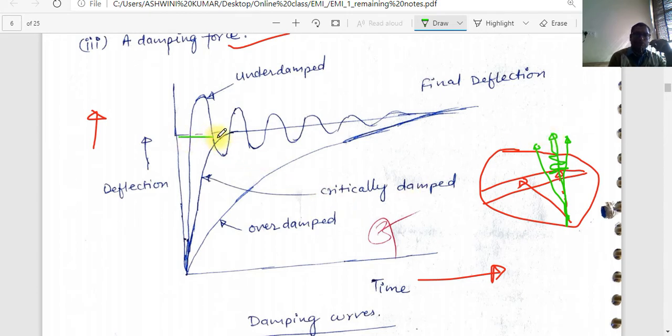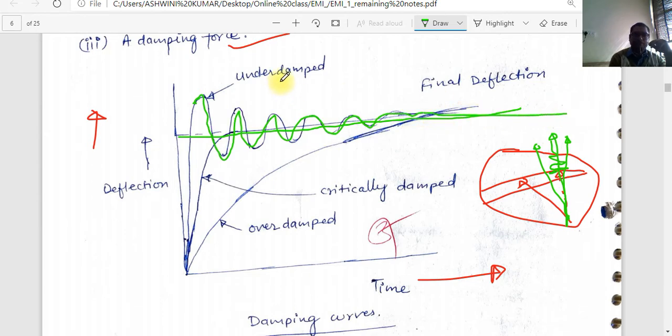Suppose this is the final deflection curve and if we apply an underdamped force, then the pointer will move beyond the deflection, then down, then beyond and down again, and it will take several swings to settle at the final position.